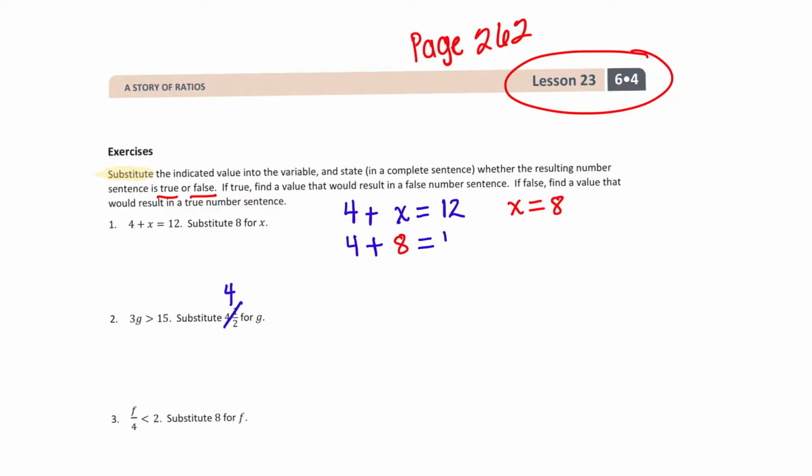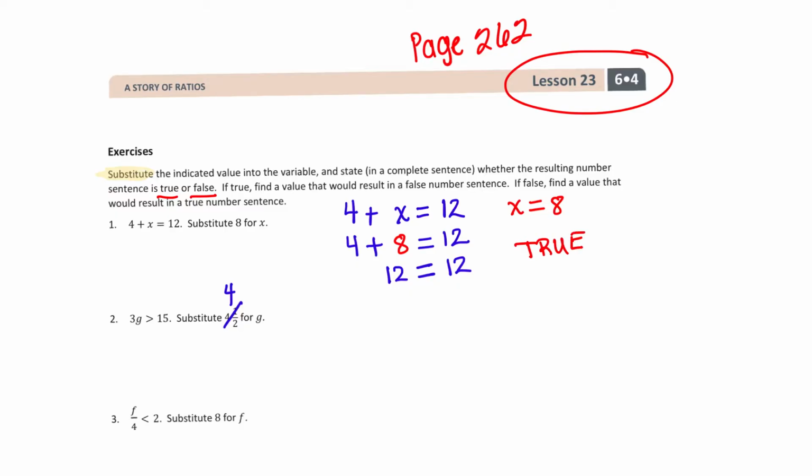What is 4 plus 8? Well, 4 plus 8 is 12. Are both sides equal? The equal sign tells us that both sides are the same. And the answer is yes. So this is a true statement.